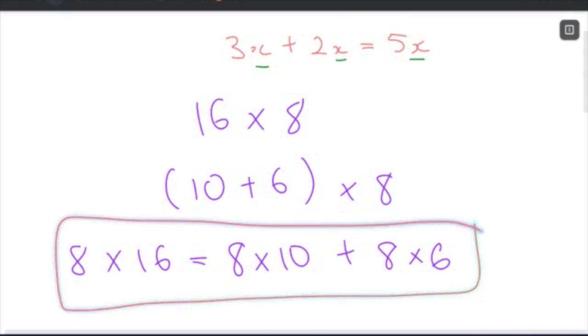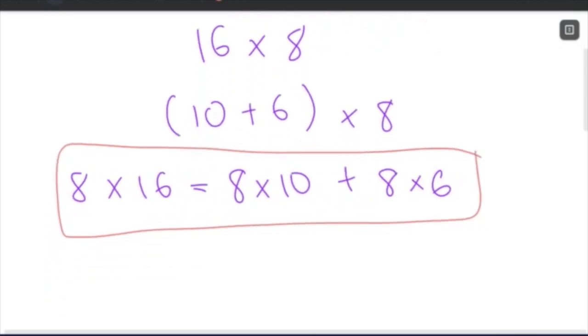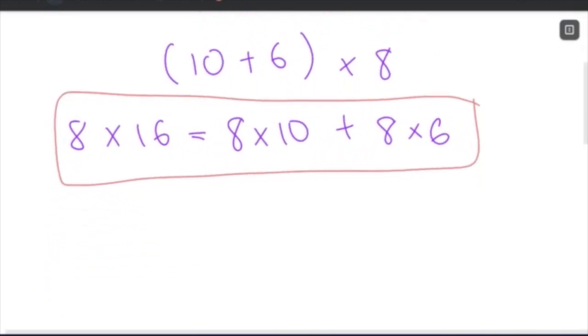So I can express 8 times 16 as 8 times 10 plus 8 times 6. Now that would be no different to writing, say, 10x plus 6x.